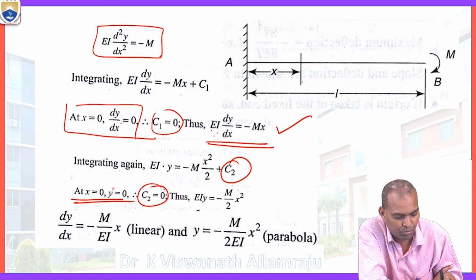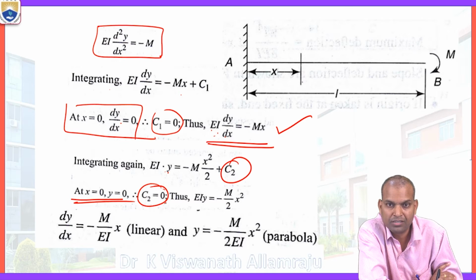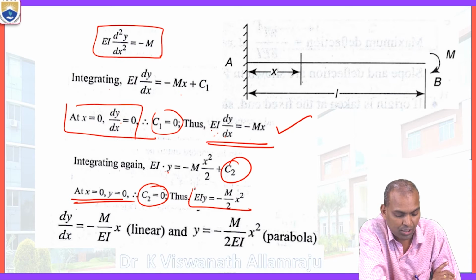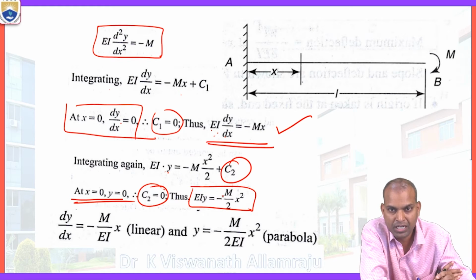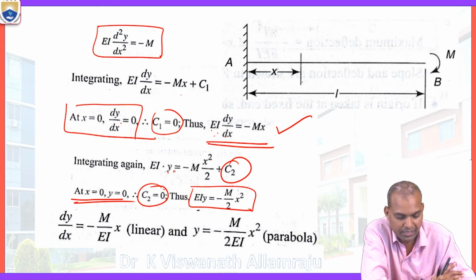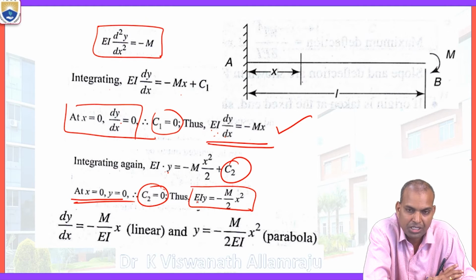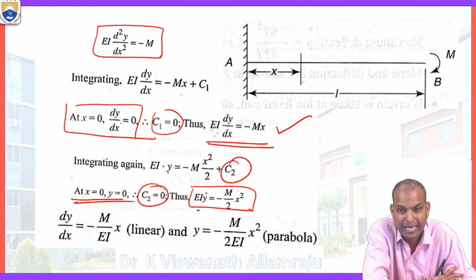Substituting those two conditions in the above equation, we get the value of C2. C2 is obtained as 0, no effect. Then substitute the zero constant of integration back in the equation, and the deflection equation is obtained: EI y equals minus M by 2 times x square.